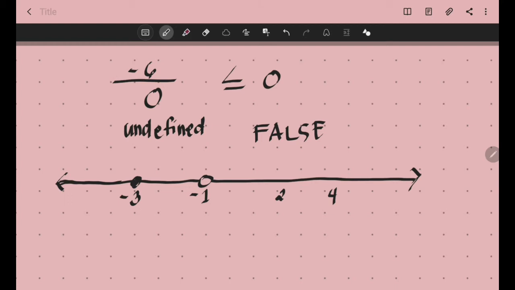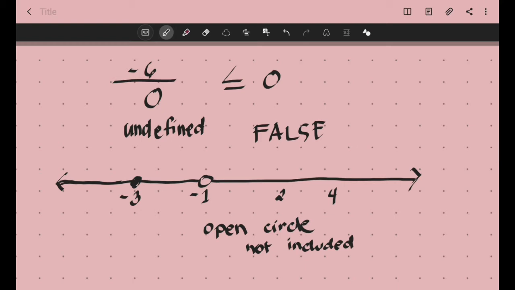So kung mapapansin nyo, we have an open circle or hollow circle sa negative 1. Ibig sabihin, if you use an open circle, that is not included. Negative 1 is not included as a possible values of x that will satisfy your rational inequality.